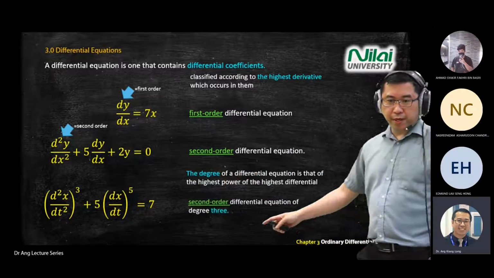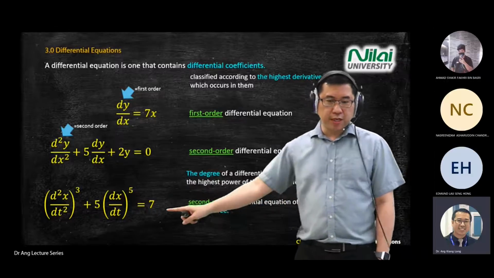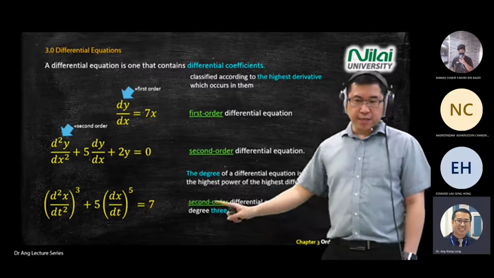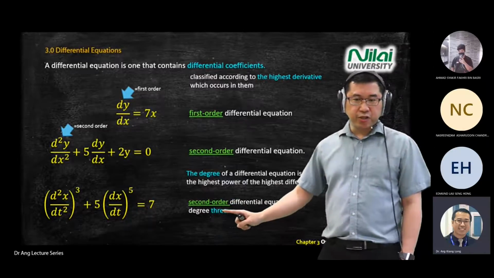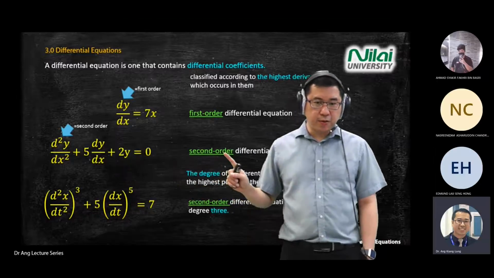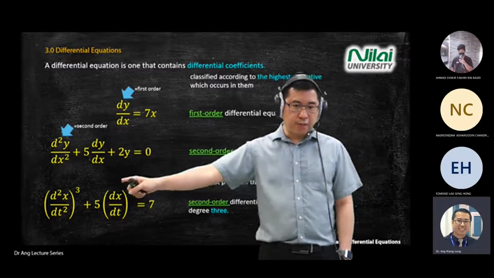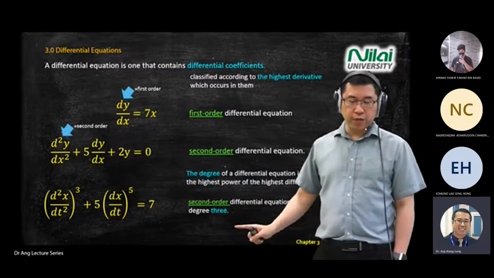How do you name it? The name of this equation is a second order differential equation of degree 3. Because if you look at the highest order you have, the power on top is 3, so we call it degree 3.